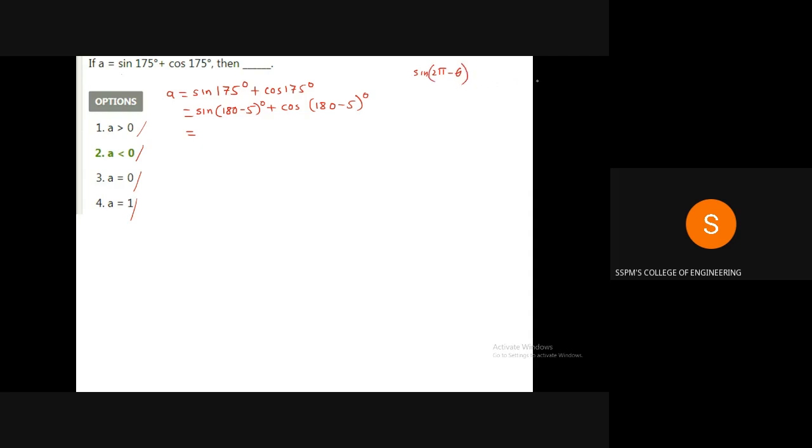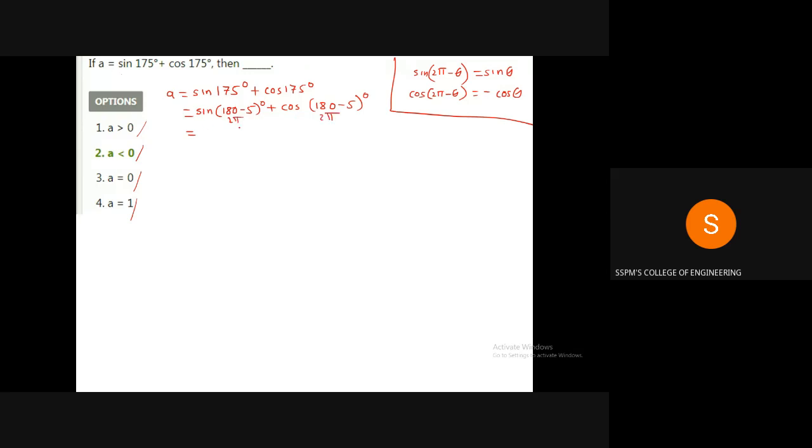Sine 2 pi minus theta is equal to minus sine theta, and cos 2 pi minus theta is equal to cos theta. If we use these two formulas here, 180 degrees means pi.